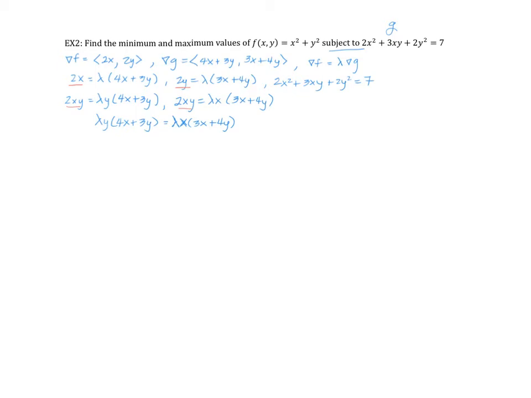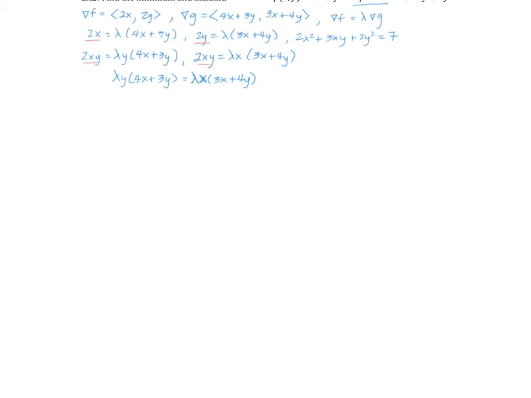What I'm going to do now is get rid of the parentheses and see what this looks like. So I have 4 lambda xy plus 3 lambda y squared is equal to 3 lambda x squared plus 4 lambda xy.